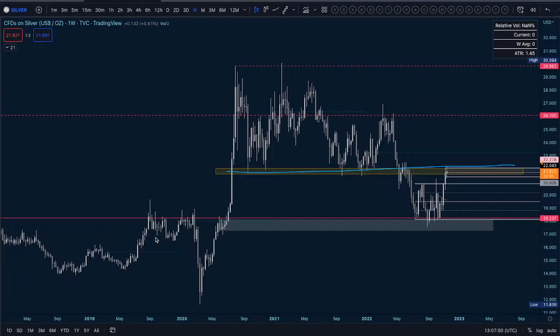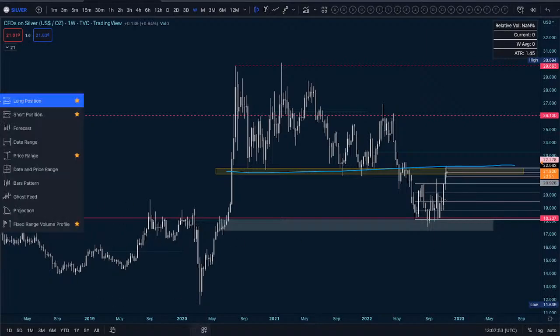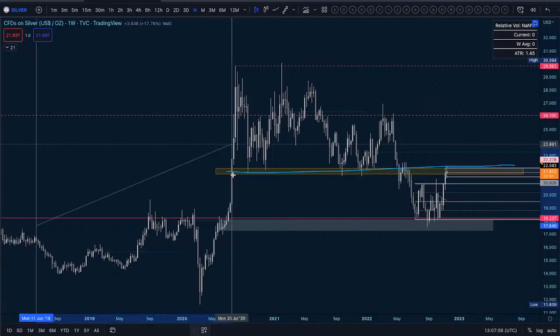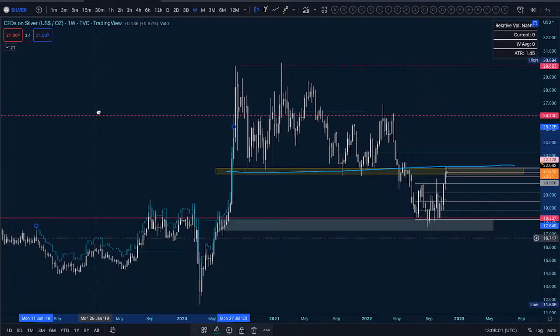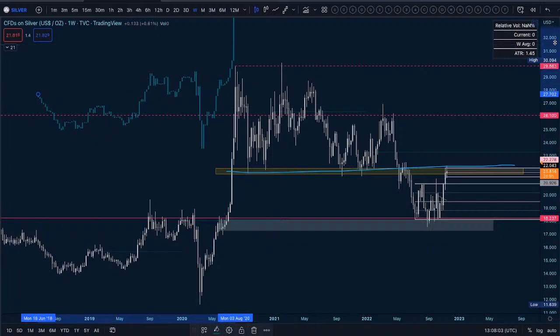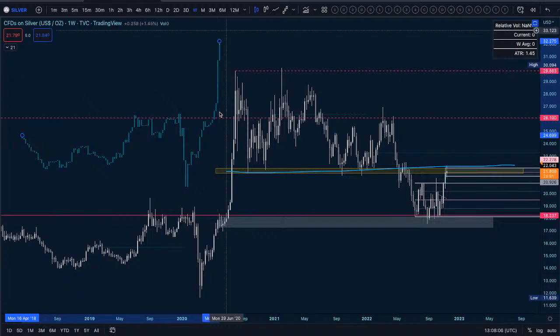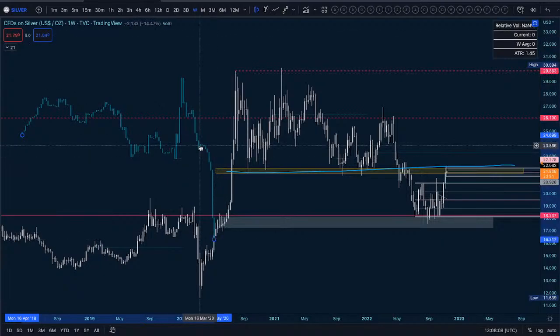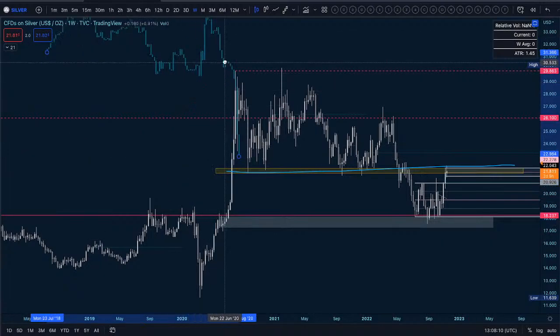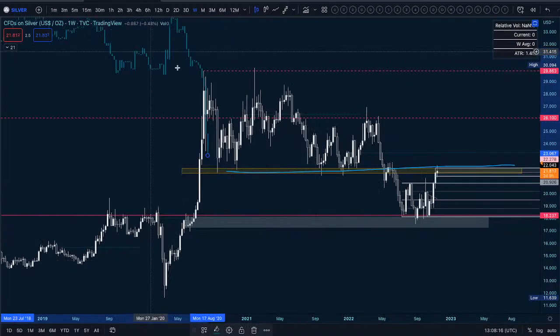If the price was like this, forget about this part, then I would say that's a great spot to short.